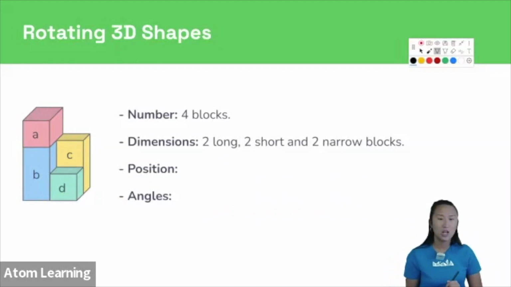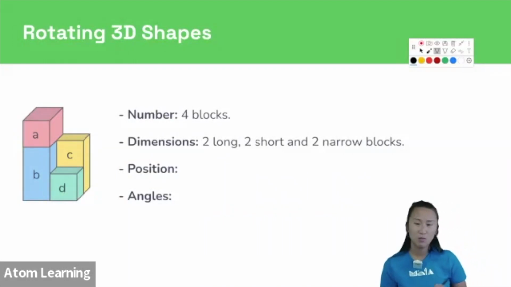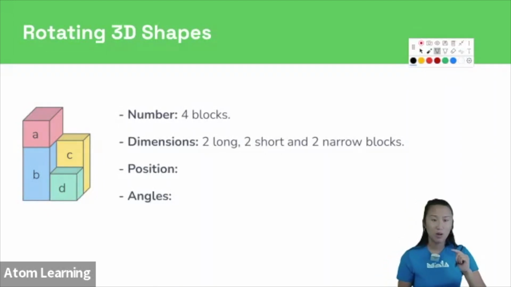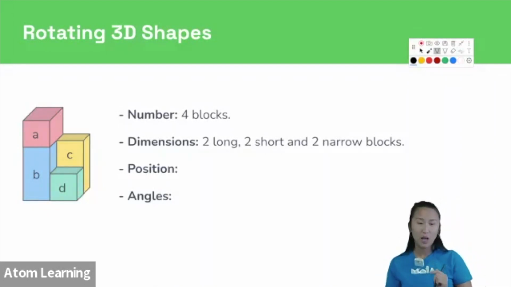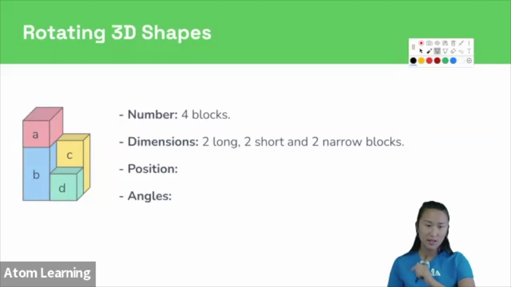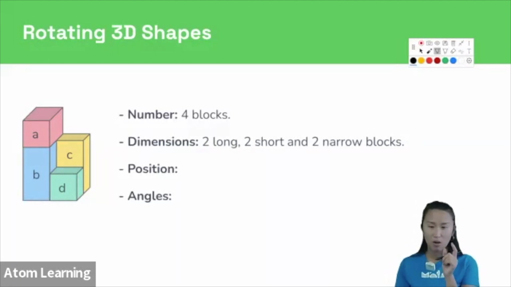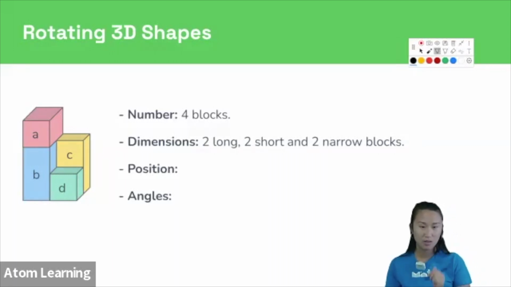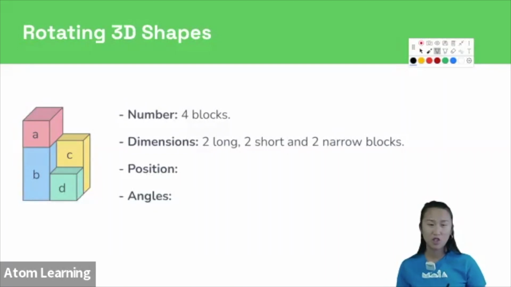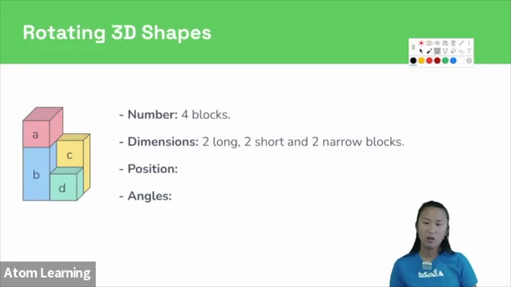So the pink shape, that's A, is made up of 1 cube unit, whereas the blue shape is made up of 2 stacked on top of each other. The yellow shape is 2 cubes tall, but half a cube wide. And then the green shape, D, is 1 cube tall, but half a cube wide. Those are our dimensions, our sizes of the blocks.